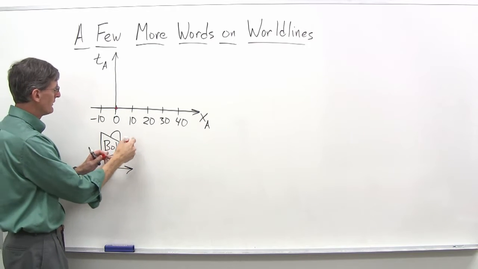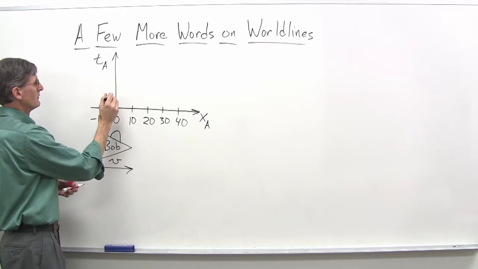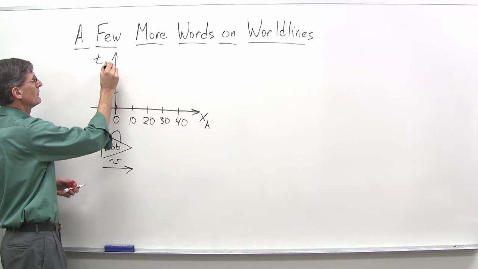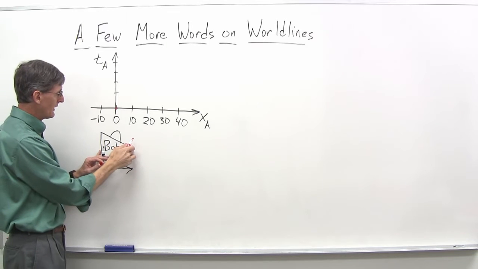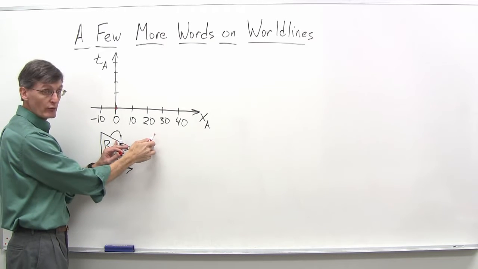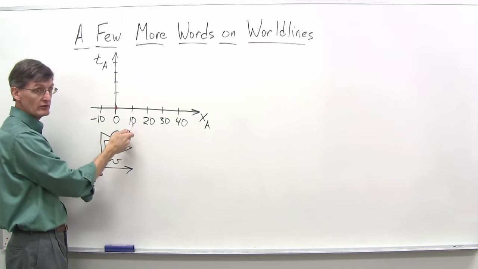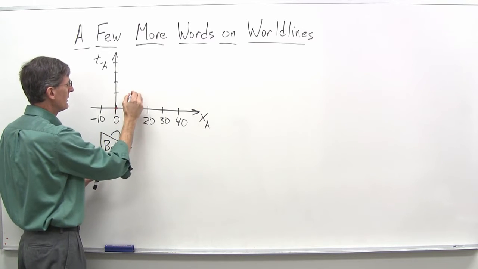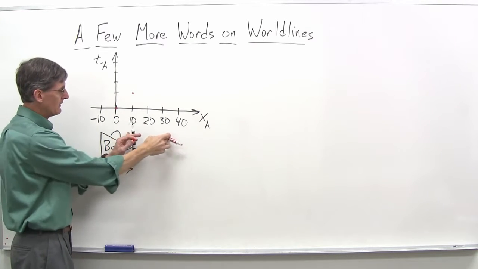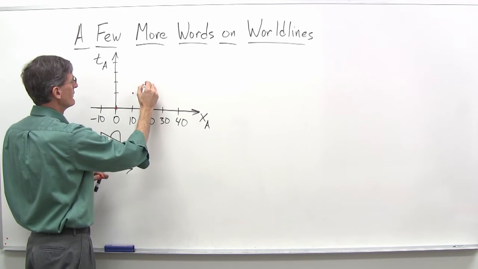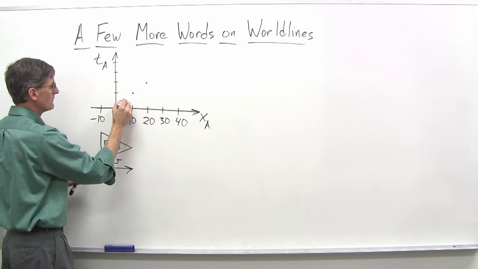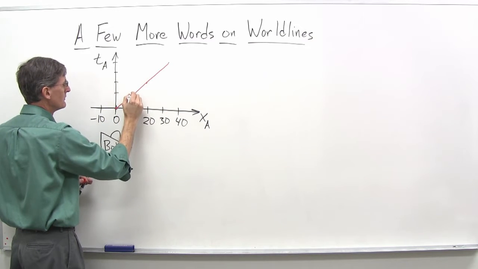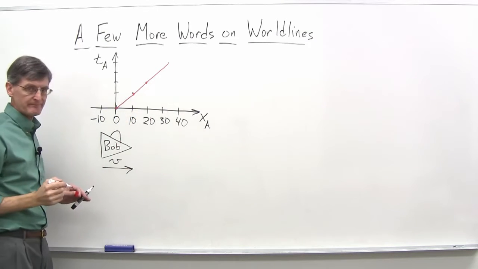Then let's put some tick marks for time. At the next time, we'll imagine that the ship has moved over 10, so now he's at position 10, and he'd be right there. Then he moves again, he'd be at position 20, and so on and so forth. So he would look something like that, and so the world line of Bob in the cockpit would look like that.